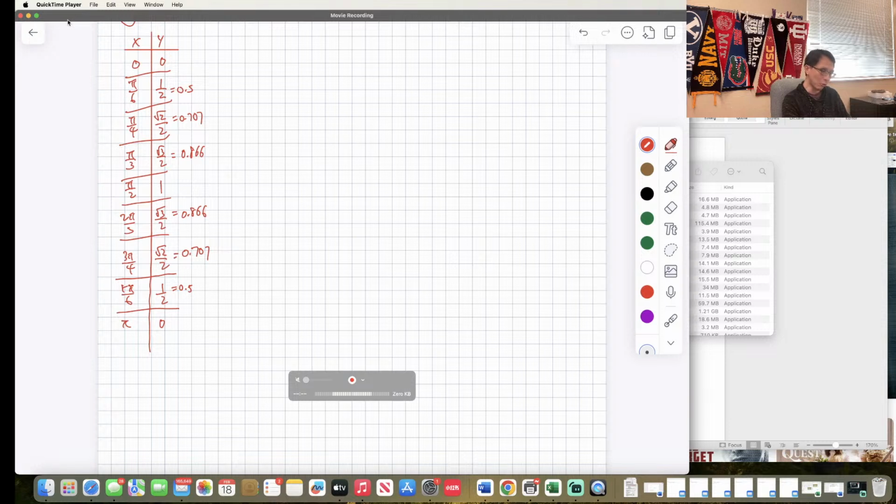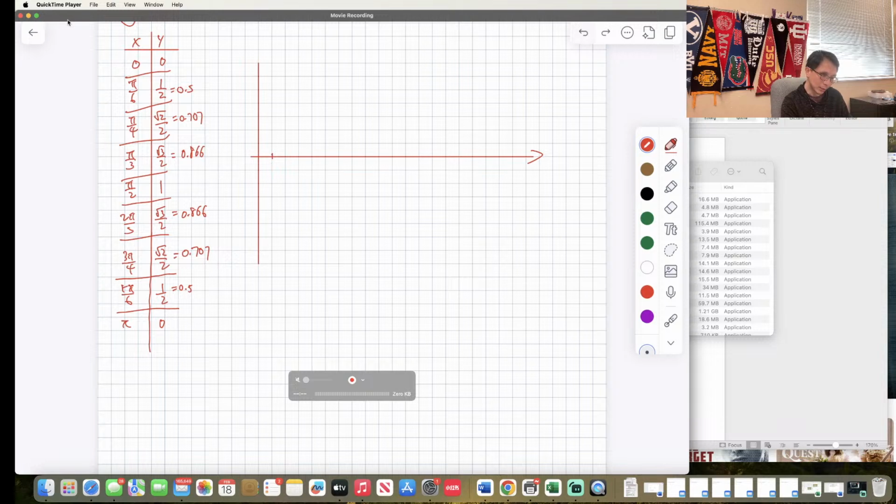All right, so obviously this is some type of x coordinate, and we're going to break it up into 6 sections.